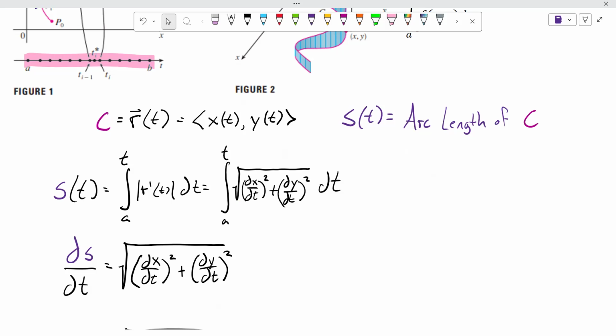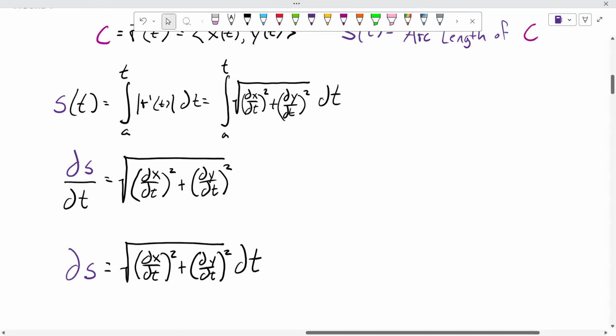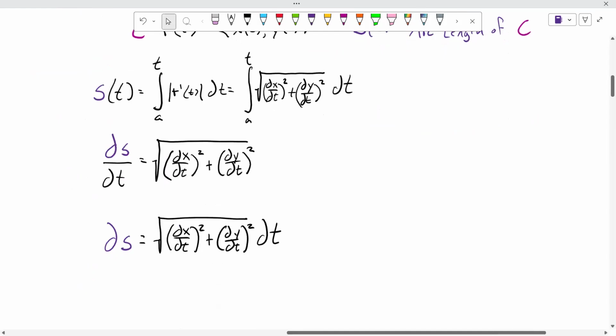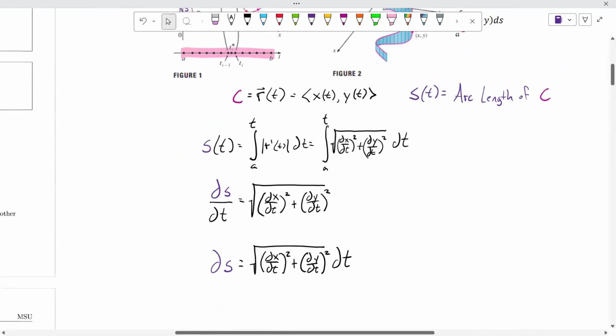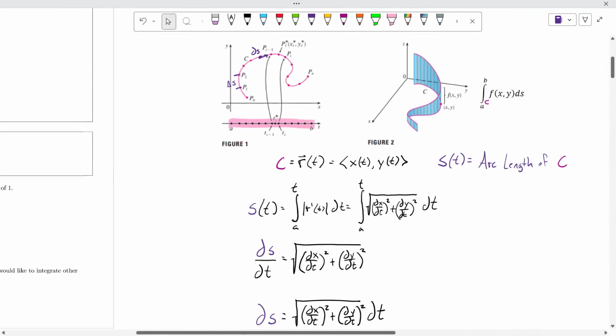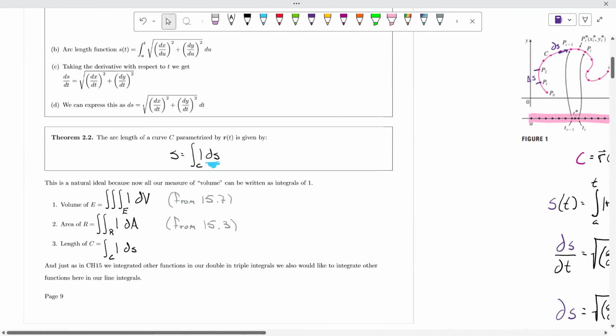So if I say arc length is this integral, and then I take the differential of that, I get that ds is conveniently this square root times dt. That's going to be our motivation for pretty much the entire rest of the day, and probably also Monday. But we'll worry about Monday when we get there.